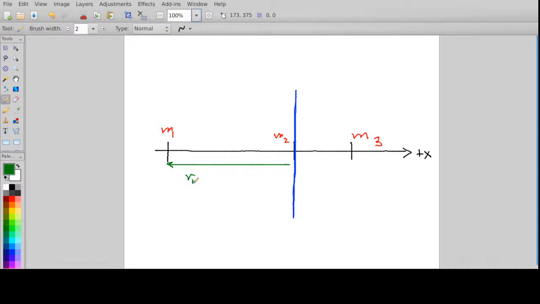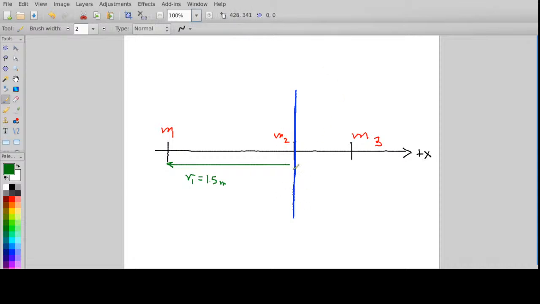We call that one r1, and that one is 1.5 meters. How do you know that? Well, we know that M1 is at 0 and M2 is at 1.5, so that distance must be 1.5 meters.